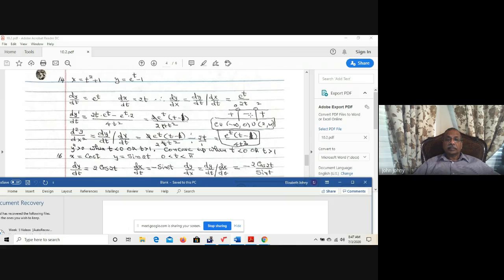See here, you draw a number line. Critical numbers are 0 and 1. And then you see when it is positive: when t is less than 0 or t is greater than 1. Let us draw the graph and make sure that it is right.